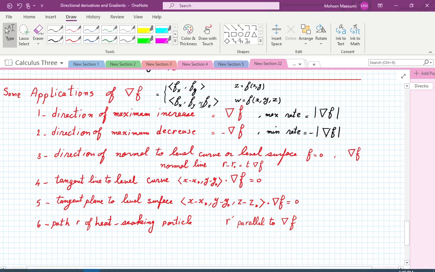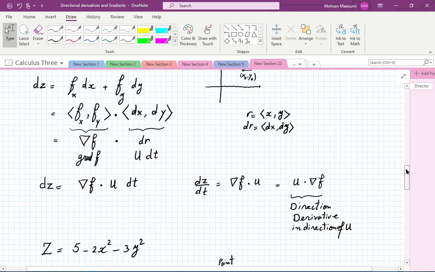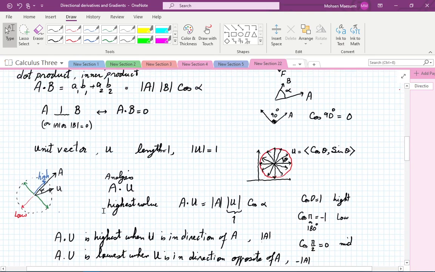So for the direction of maximum increase, you simply take the gradient of your function, and that's the direction in which you have to travel for things to change at the maximum rate. Now, why so? We explained this last time when we talked about the dot product of a variable vector u with a vector a. I get a quantity. That quantity is going to be highest if I line up with a, and it's going to be lowest if I'm going in the opposite direction.